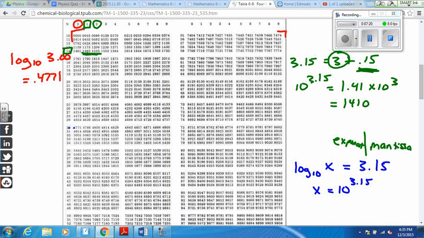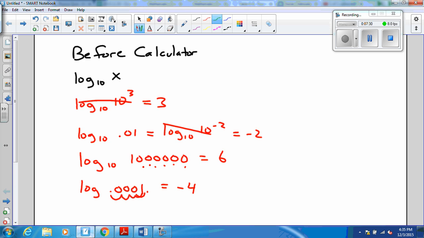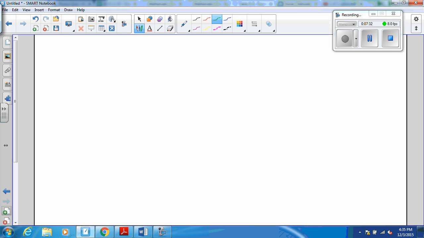Now, let's see how this log table made our computations magically much easier. I want to consider a couple of computations here. Let's first of all consider multiplying 6,110 by 452.